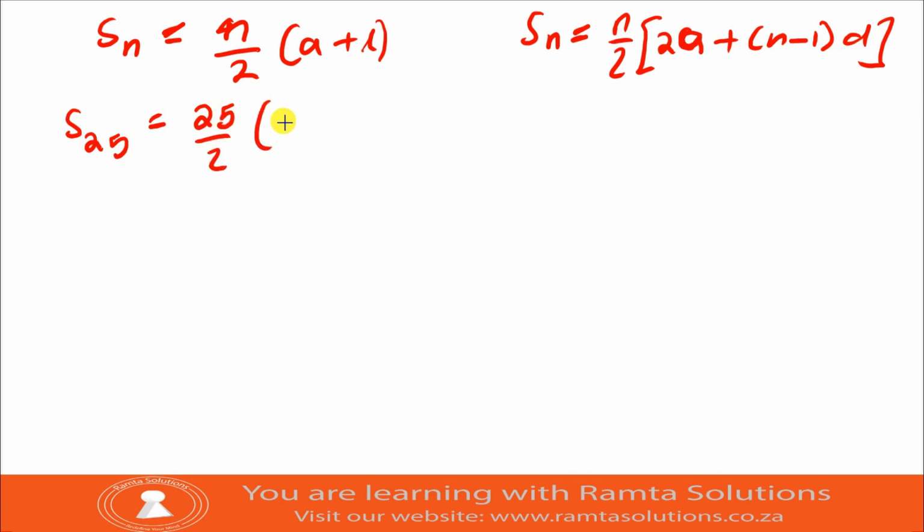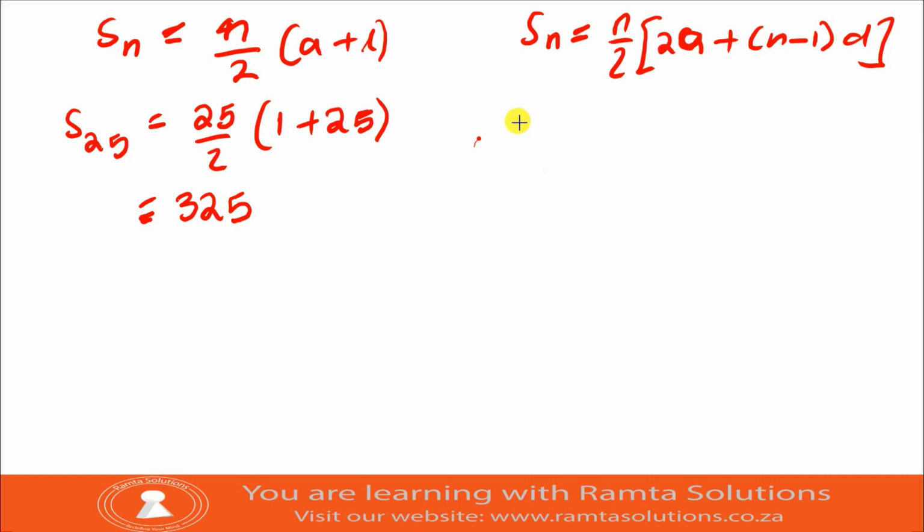The first term is 1 and the last term is 25. So it's 25 over 2 times 26, and the sum of the first 25 terms is 325.